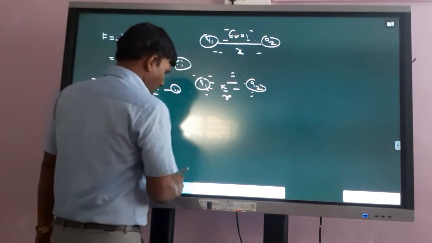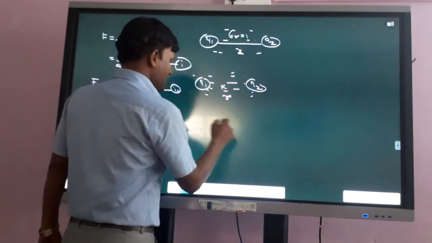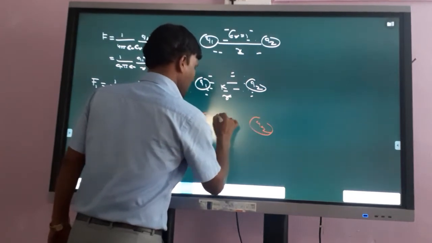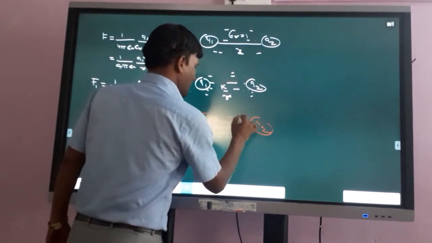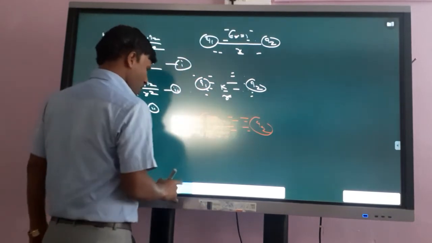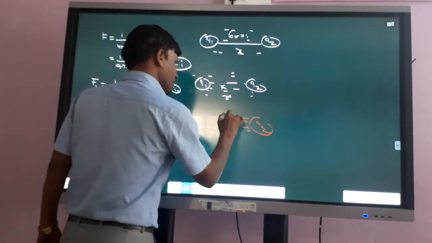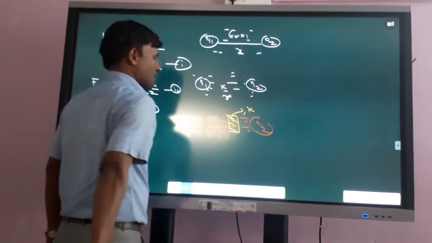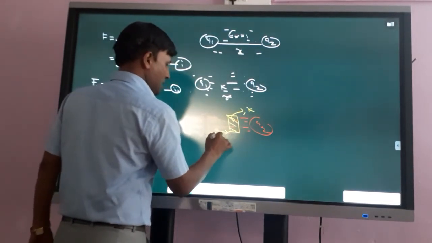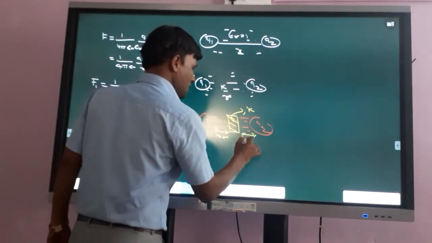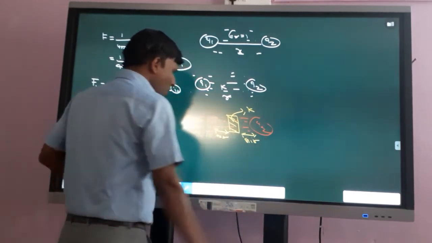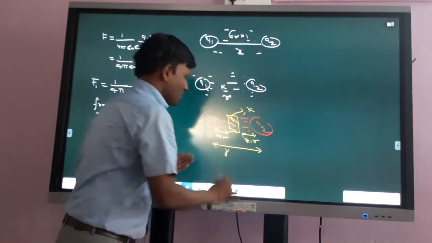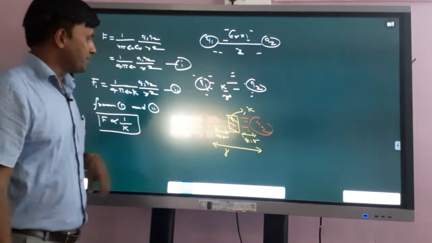Like see, if there are two charges here, Q1 and Q2, and they are placed between two media, one medium is of dielectric constant K, and this is air, and also this is air. So how can we calculate force between Q1 and Q2? We have to discuss this today.